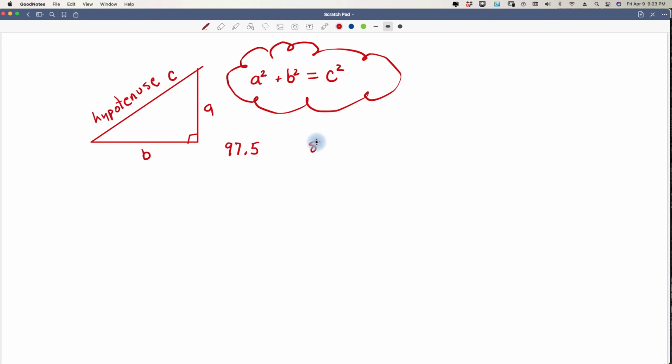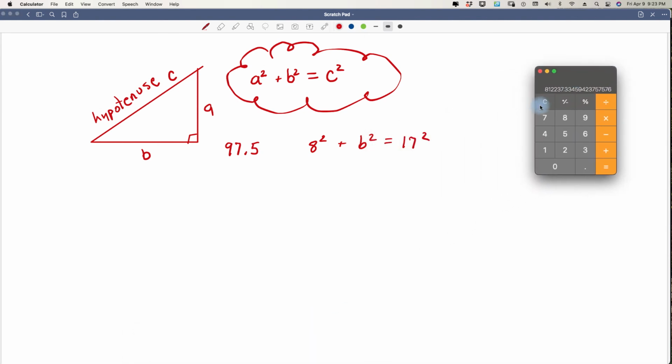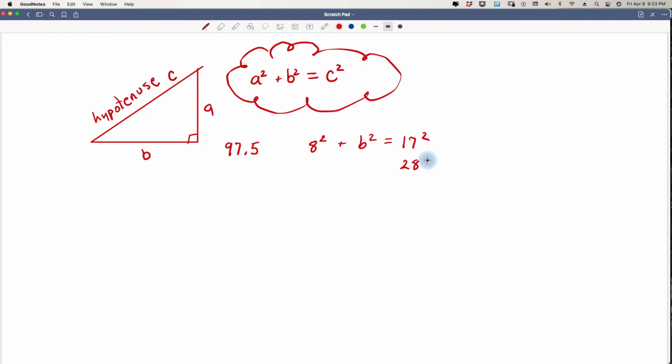Okay, well let's try dropping out b. So 8 squared plus b squared should equal 17 squared, right? Okay, I am going to pull up my calculator and do 17 times 17. That's 289. I don't have that memorized.